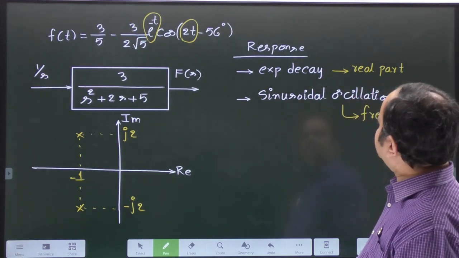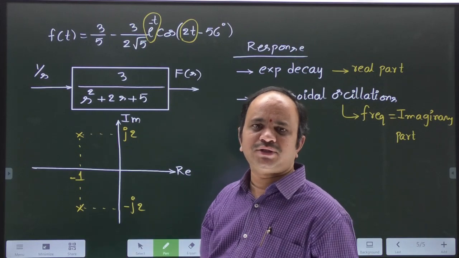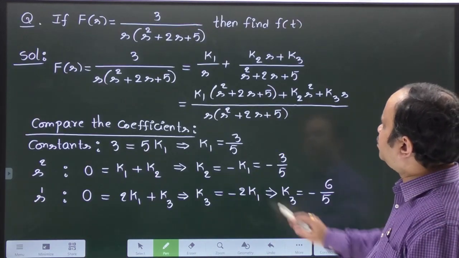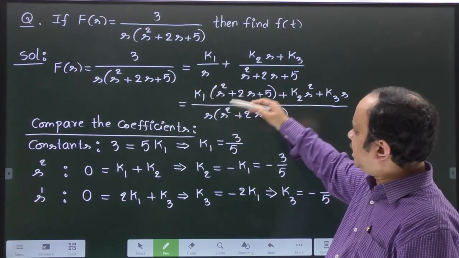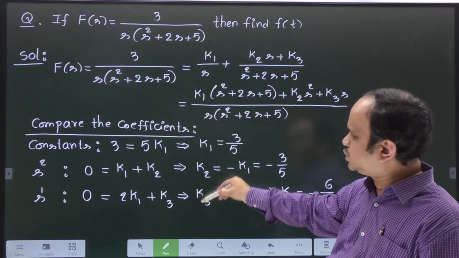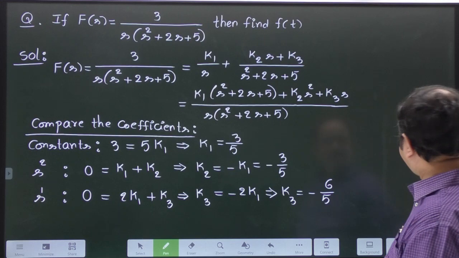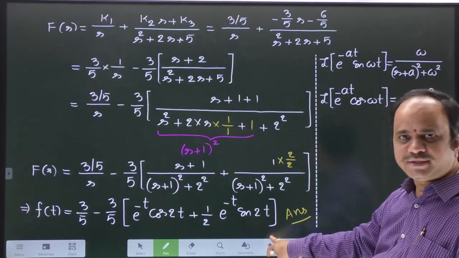analysis, right? By seeing the roots of this denominator polynomial as complex numbers, the first step is to express it in partial fractions like this. After that, determine the partial fraction coefficients k1, k2, k3 by comparing the coefficients. The next step is to rearrange the terms, and this is one answer.